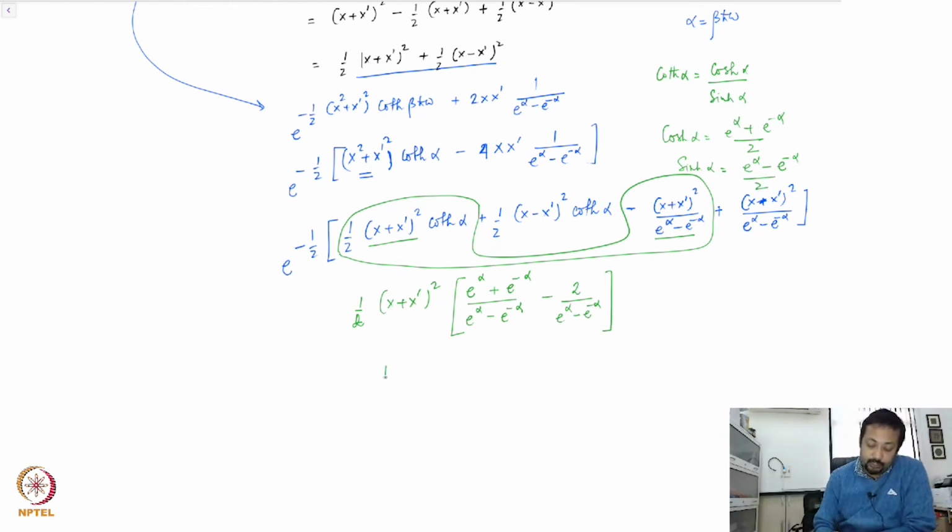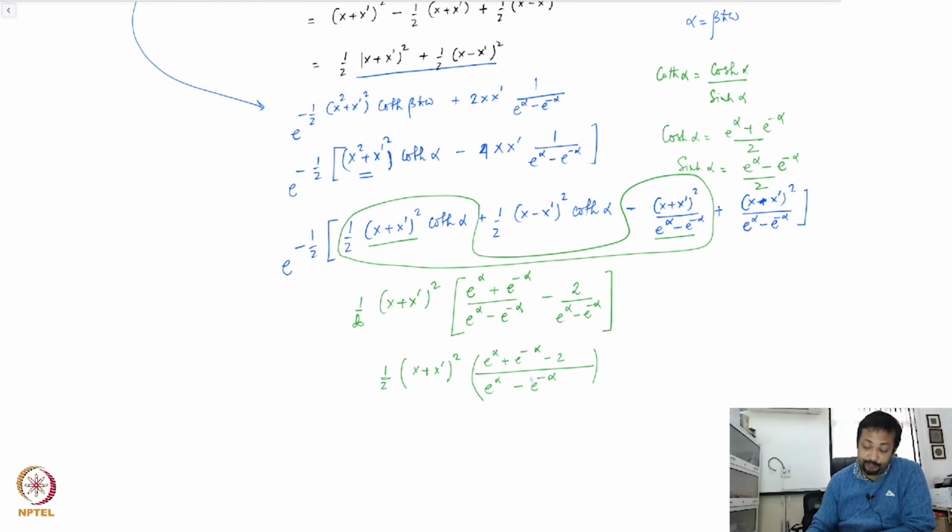So this gives me half (x plus x prime) whole square, (e to the power alpha plus e to the power minus alpha) over (e to the power alpha minus e to the power minus alpha), and I have e to the power plus alpha minus 2.